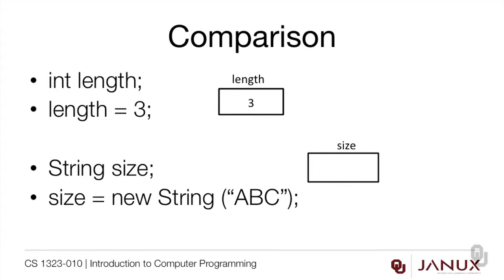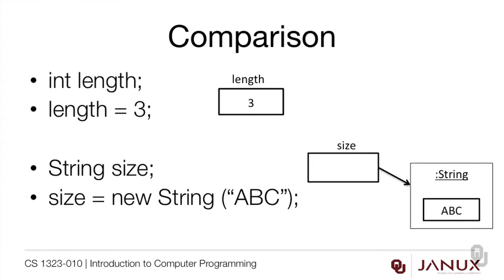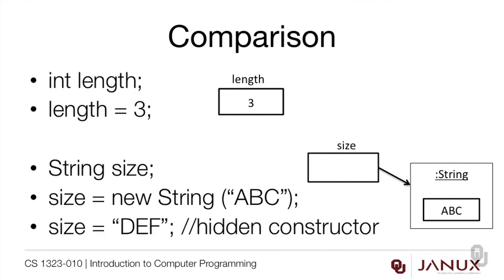And here's where things start looking different. When we say size equals new String, double quote ABC, double quote, this is what happens. We get a new object that's allocated on the heap, and its reference is stored in size. We show that by putting an arrow between the box which contains size and the string object on the heap.